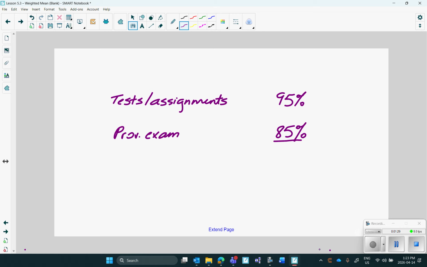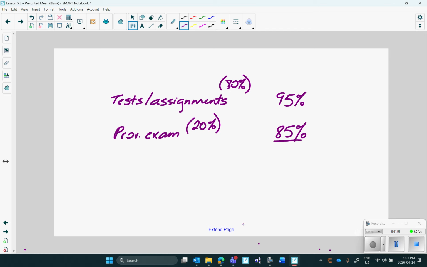However, that's not the case. The tests and assignments you do during the year are worth 80% of your grade. The provincial exam is only worth 20%.